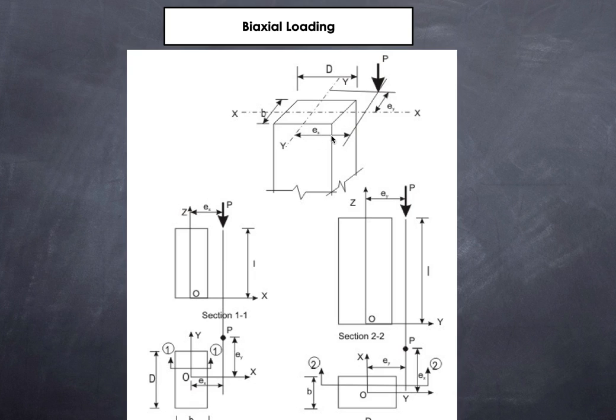This is the eccentricity about the y-axis, and this is the eccentricity about the x-axis. In this way it is eccentric about both axes, so it is called biaxial loading.